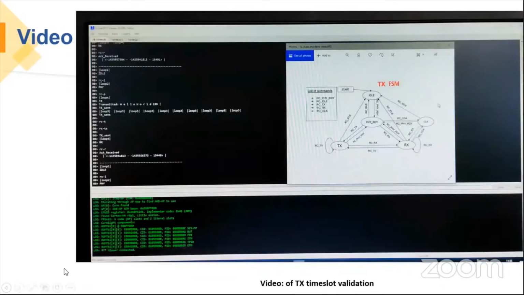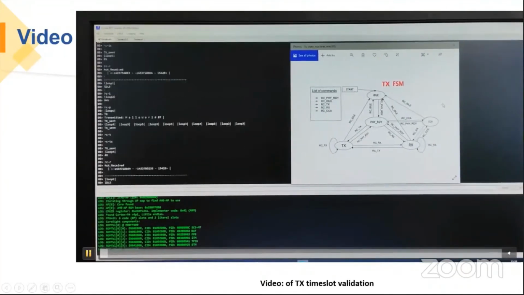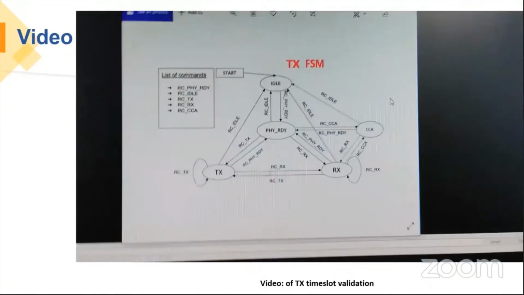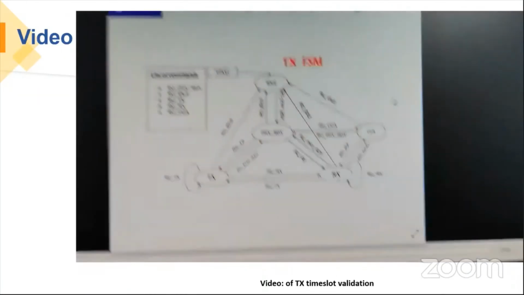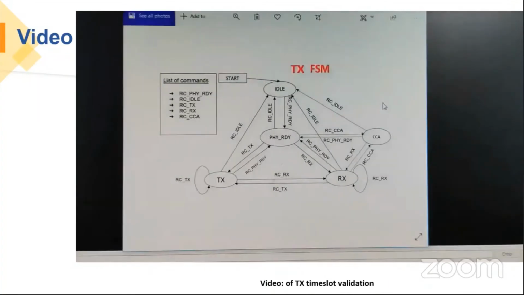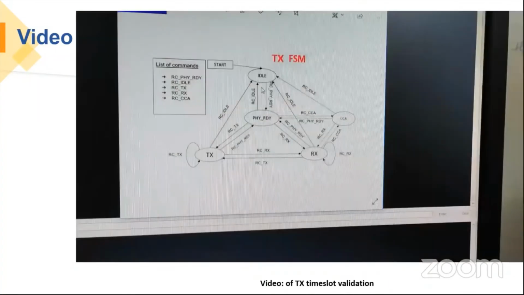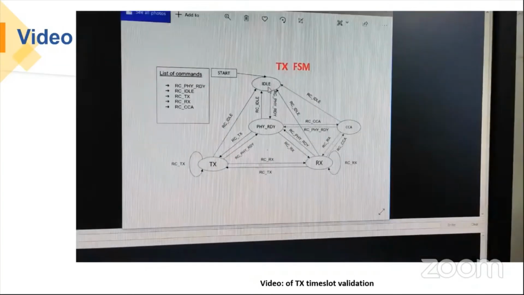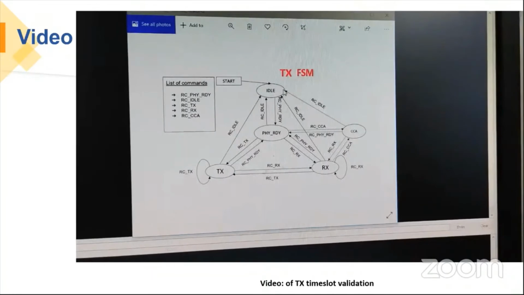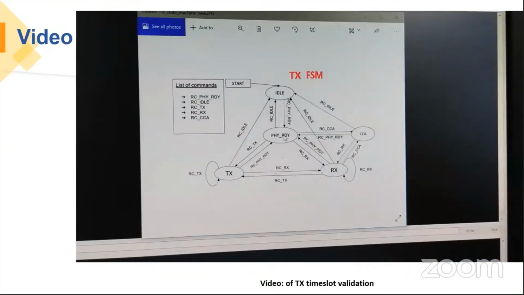And this is another video which is talking about the state machine. It's a very simple state machine. Essentially, this is capturing a transmission. You start with idle. You want to do a transmission, but before you do that, you must go to phi ready. From here, it goes to phi ready with RC phi RDY.